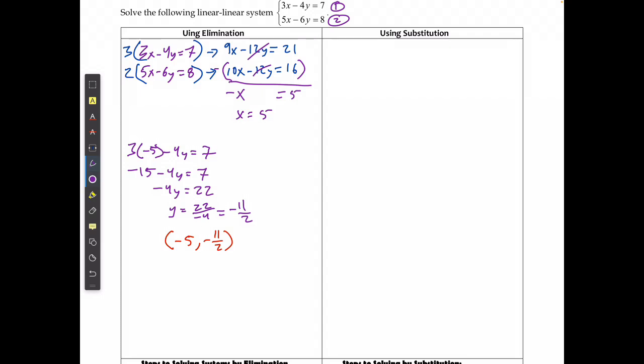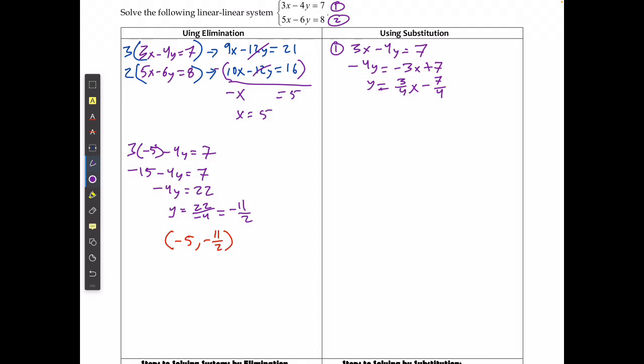So in this case, I'm going to isolate y, and I'm going to say that in equation 1, if 3x minus 4y is equal to 7, then negative 4y is going to equal negative 3x plus 7, or y, when I divide both sides by negative 4, is going to be positive 3 over 4x minus 7 over 4.